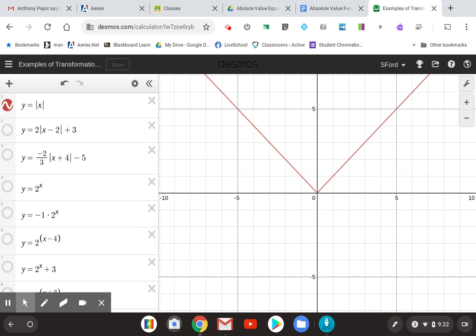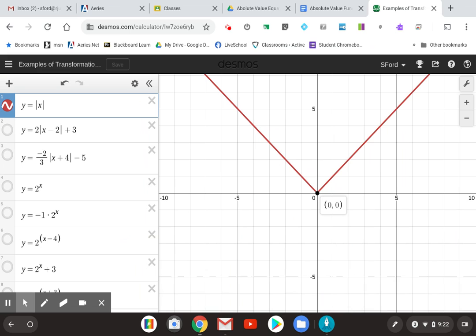So let me go to this one. Here we have our graph. This is f of x equals the absolute value of x. Over here at 0, 0, that's your vertex. Now if you look at the next equation, 2 times the absolute value of x minus 2, plus 3, that 2 is going to make it very, very thin.